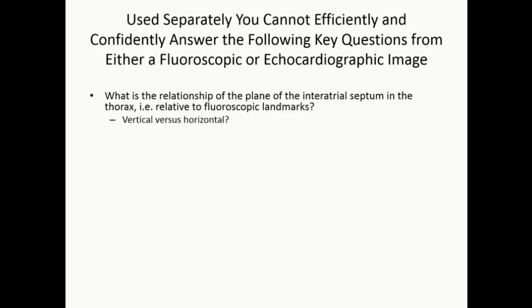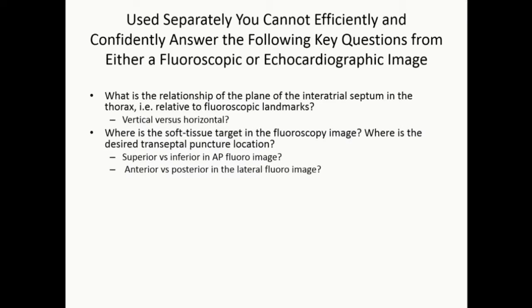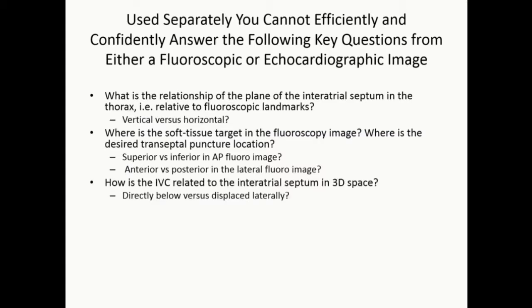What is the relationship of the plane of the interatrial septum in the thorax? You can't tell that from a 3D echo. You can't tell that from a fluoro because you don't know where the plane of the septum is. Where's the soft tissue target in the fluoro image where you want the desired transseptal puncture? Well, you see it, you mark it on the echo image, but where is that in the fluoro image?